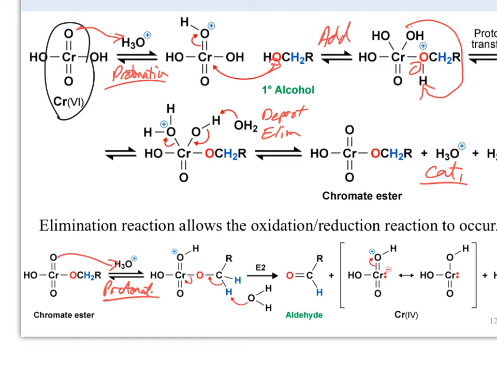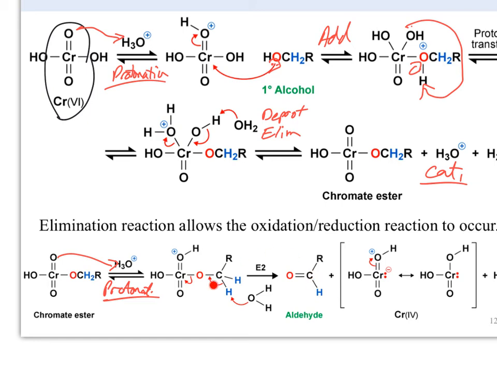So now you're going to do an E2. Water, which you just created, takes the hydrogen from the carbon bonded to the oxygen. You form that pi bond. Those two electrons go to the chromium. See how you just turned it into an aldehyde? You took away one of the H's that was originally on that alcohol.